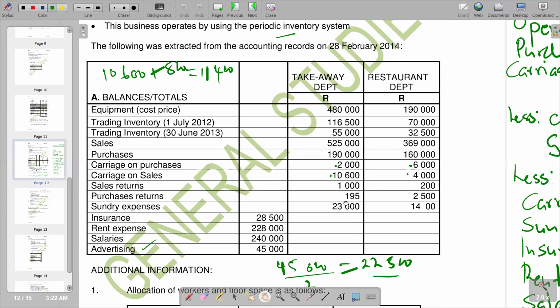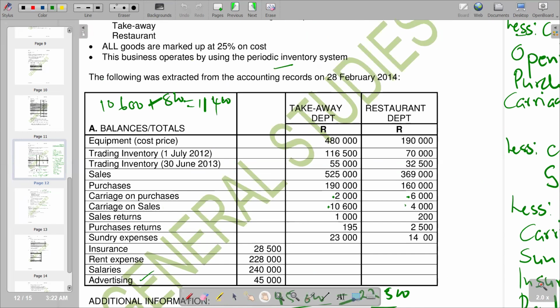You see that for the equipment, the cost price is the one that we need to look for. Let's start with the takeaway. We are saying 15%, which is 15 over 100 times the cost for equipment for takeaway. Of which equipment cost price for takeaway is what?